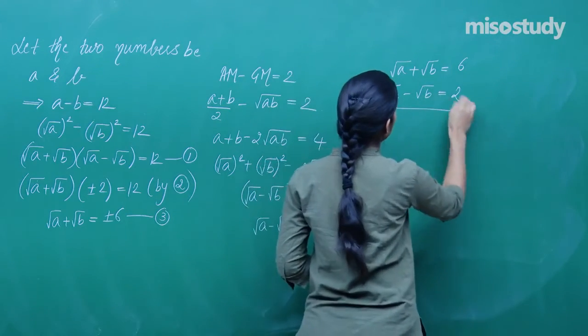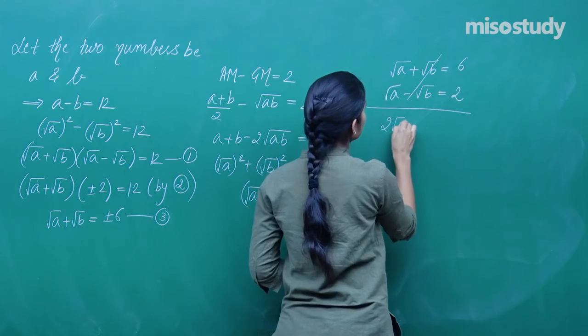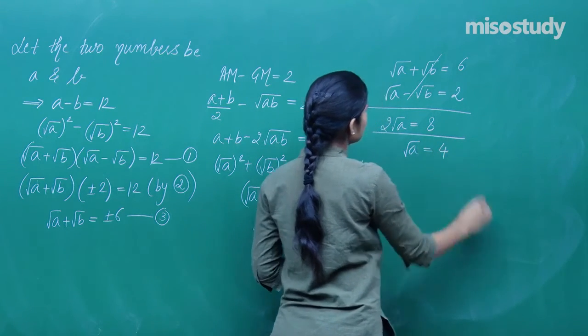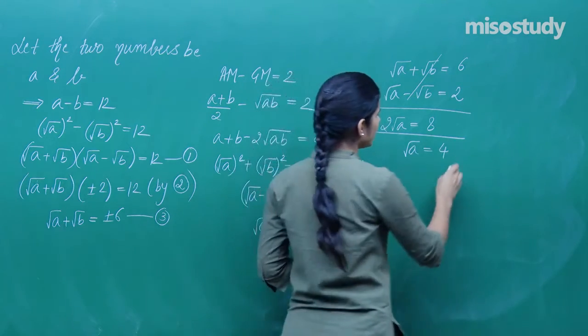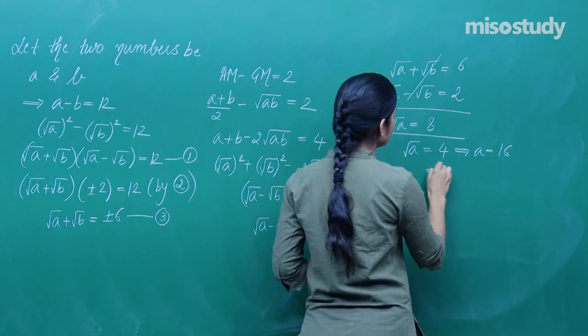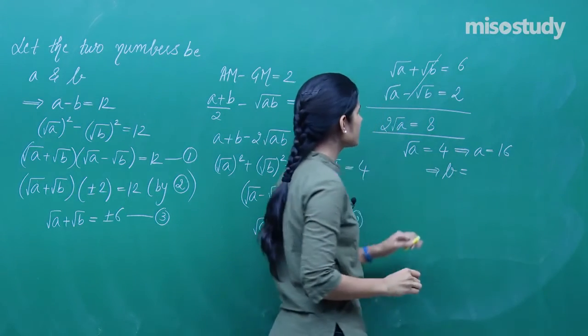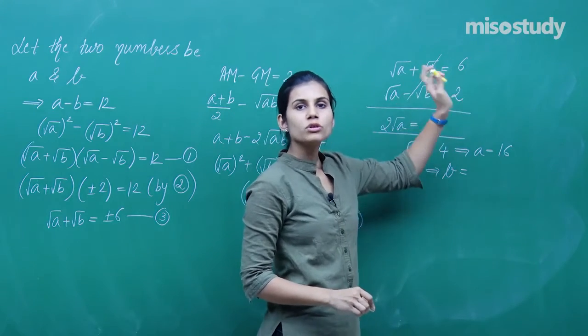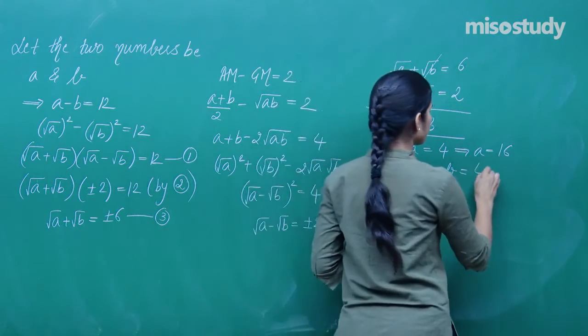If you add these two, you get 2 root A equals 8. Root A is 4, A is 16, and B comes out to be in this case what? If root A is 4, 6 minus 4 is 2, so root B is 2, B is 4.